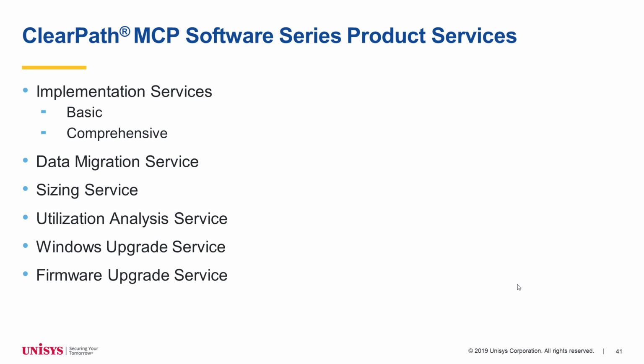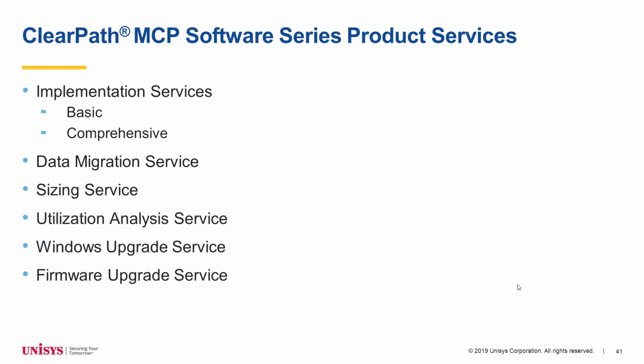Specifically, for ClearPath Platinum, those services include implementation services to set up and configure the MCP Platinum firmware and the software onto the server or virtual partition, data migration services to determine the best layout and format for your storage and the methodology to move that storage to the new system.